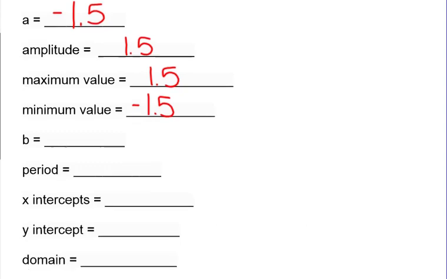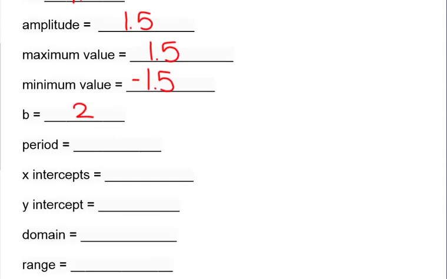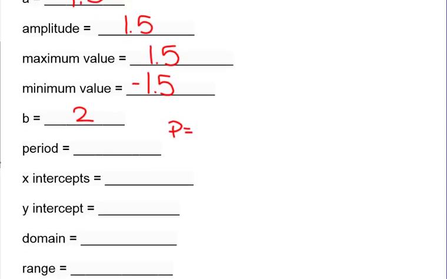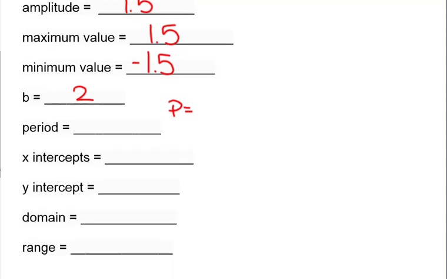Our b value is 2. Well, then our period, and we're doing this in radians, I believe. It doesn't tell us, but let's do it in degrees. Why not? Normal period value is 360. When we divide that by 2, we are now at 180.